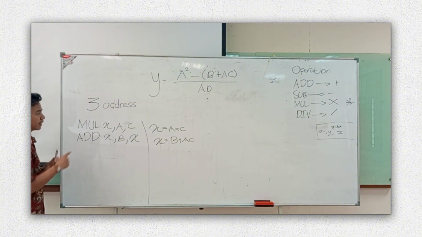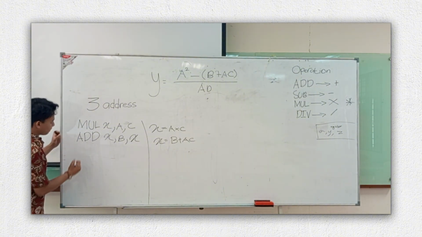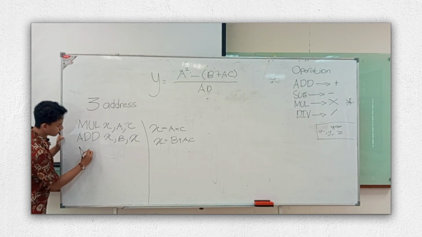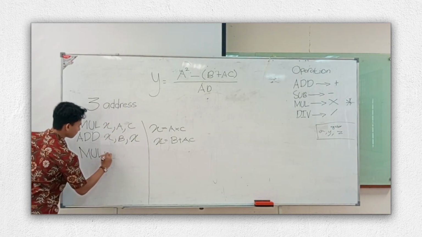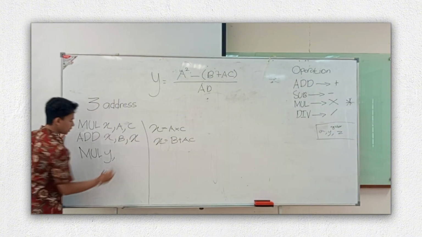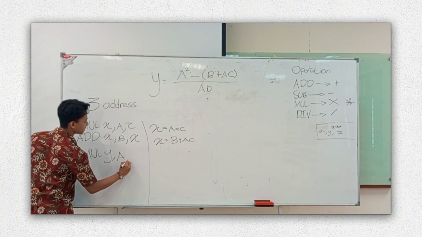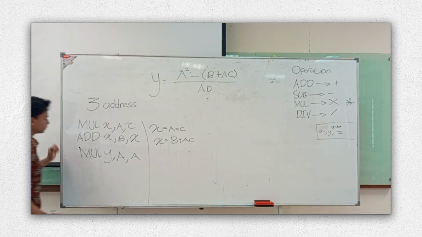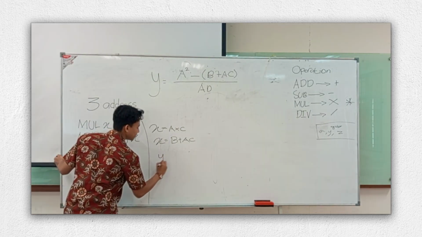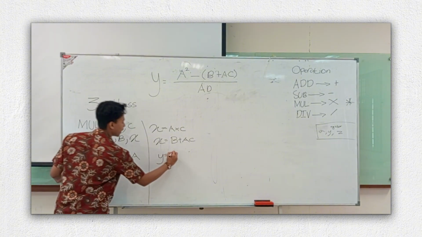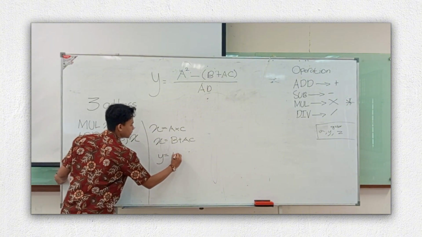So let's do the multiplication. Y, A times A. This shows that the Y register equals A times A.